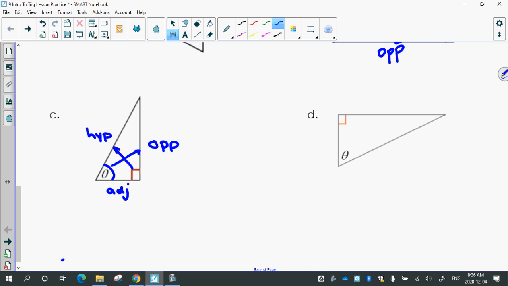How many people named the sides properly? Okay, naming the sides is the important thing here. So hypotenuse, opposite, the angle, adjacent. Okay? All right, good.